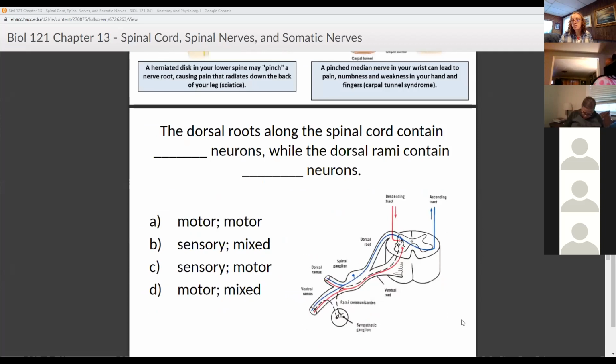The dorsal roots along the spinal cord contain what neurons? While the dorsal rami contain what neurons?